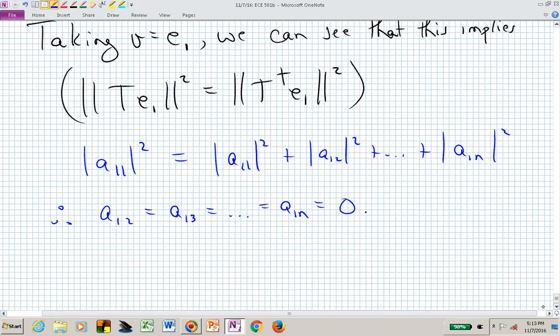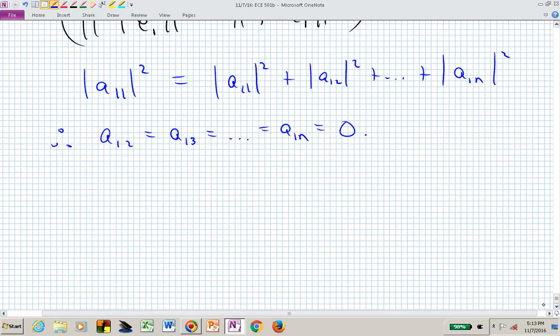Well, if that's true, now we can actually simplify our matrix representation of the operator T. That first row was all 0 except for the 1,1 entry.